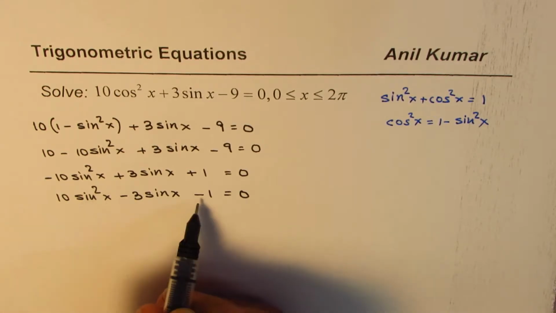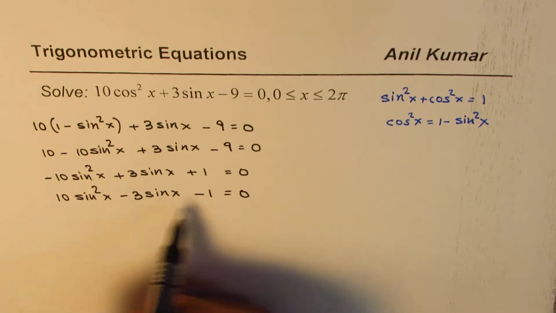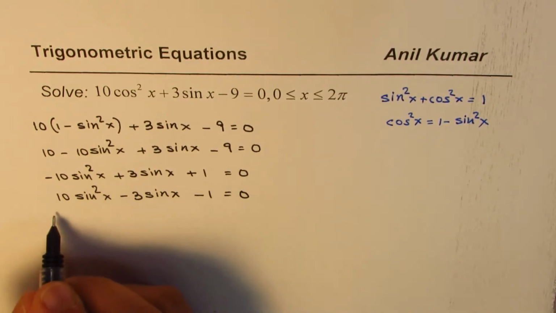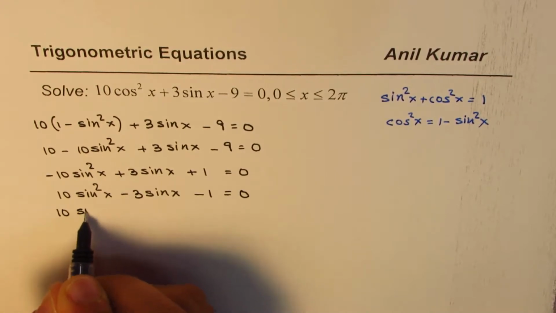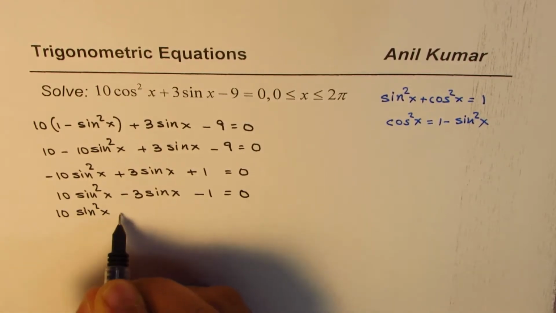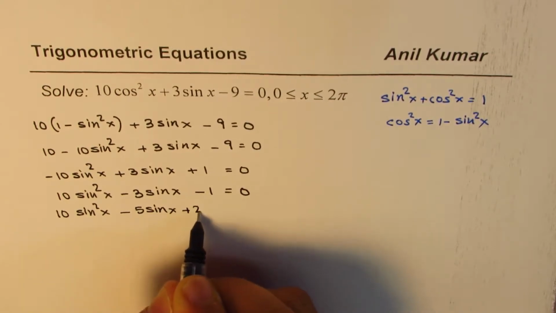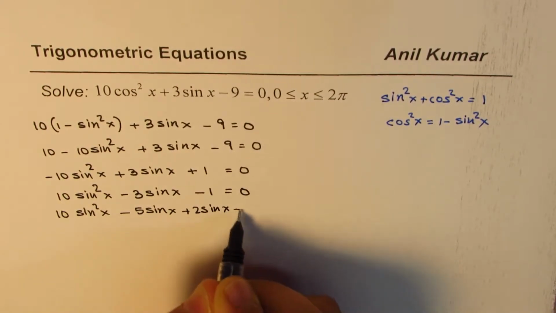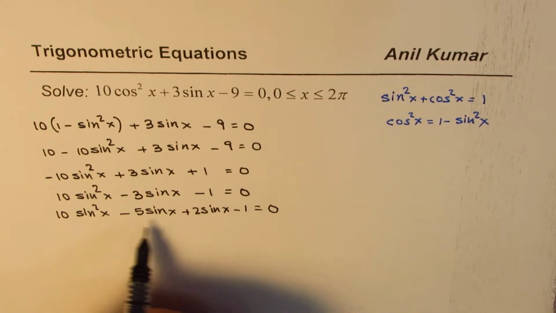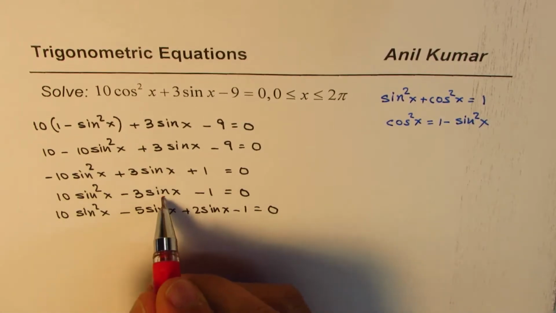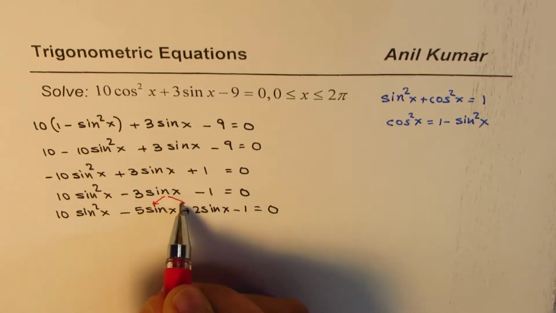Since the product is 10 times minus 1, that is minus 10, we can get minus 10 by multiplying minus 5 by 2. So we could write this as 10 sine square x minus 5 sine x plus 2 sine x minus 1 equals 0, right? So this helps in factoring the given equation. At this stage, we have written minus 3 sine x as a combination of these two.